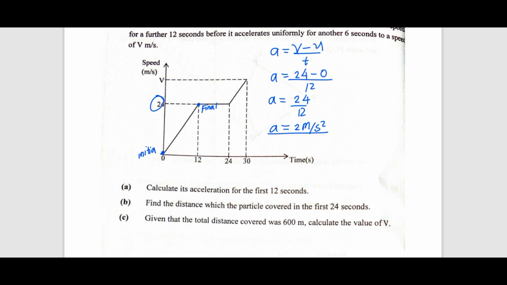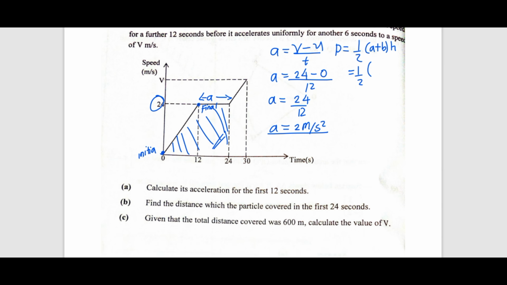Then B, find the distance which the particle covered in the first 24 seconds. So we are looking for this. So this is a trapezium. So trapezium distance is equal to half A plus B H. Half A is the distance here, from here up to here.